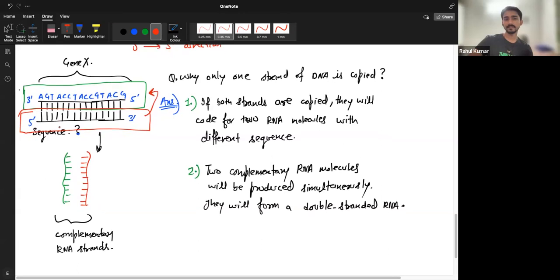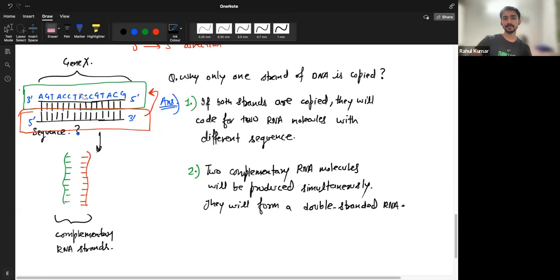Yes, sir, but still uracil will be there instead of thymine, right? Exactly. So uracil and thymine are very, very similar structures. The only difference in uracil and thymine is of a CH3 group. If you go and look at the structure of uracil and thymine, you will see that they are almost same. And that's why this is one of the proofs in evolution that thymine evolved later from uracil itself.